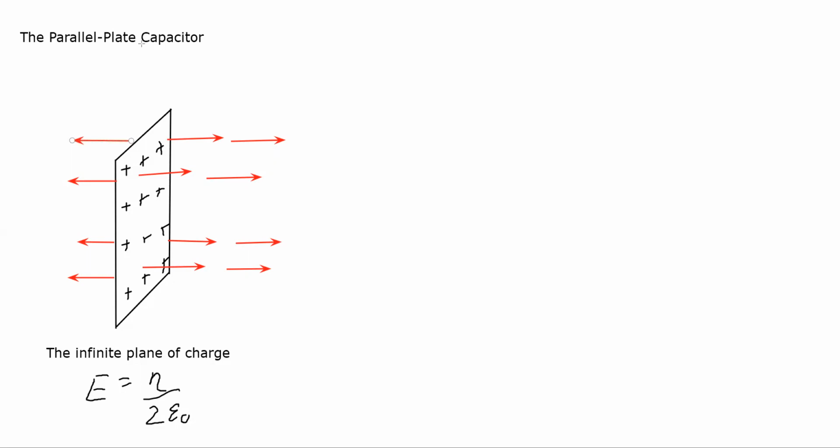I want to put another sheet of charge here, and I'm going to make it parallel to this initial sheet. So I'm going to draw another one here. Let me draw like this. Trying to draw it pretty close to parallel at least.